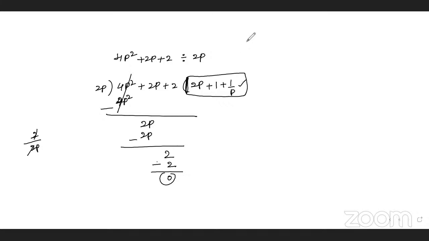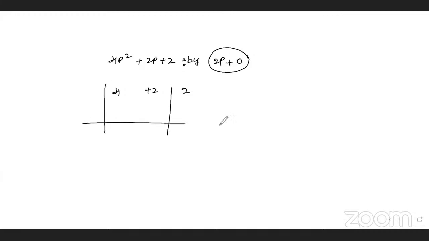Let me give one example here. Same example, let me take 4p square plus 2p plus 2 divided by 2p. Then 4, 2 and 2 I am writing. Let me take, this constant value becomes 0. So that is the reason, let me take 0 value here. Okay, right. Now observe very carefully. 0 is the transpose modified divisor, and I have 2p as the main divisor.